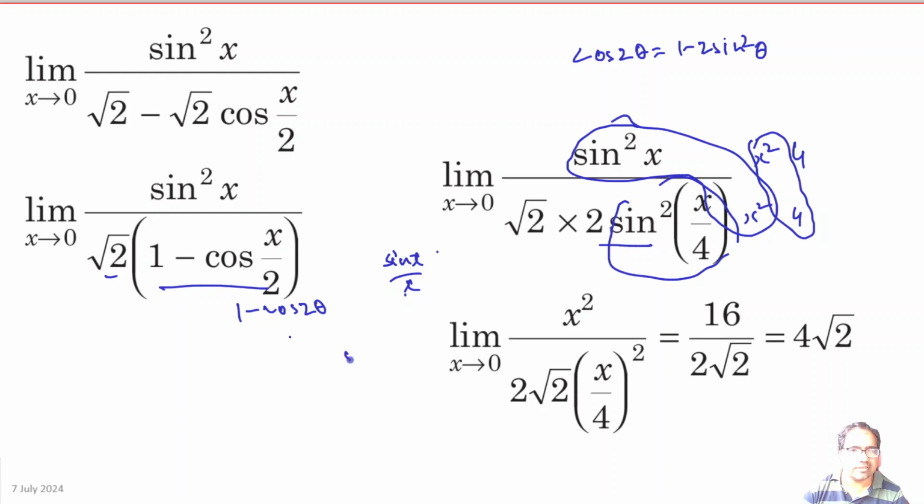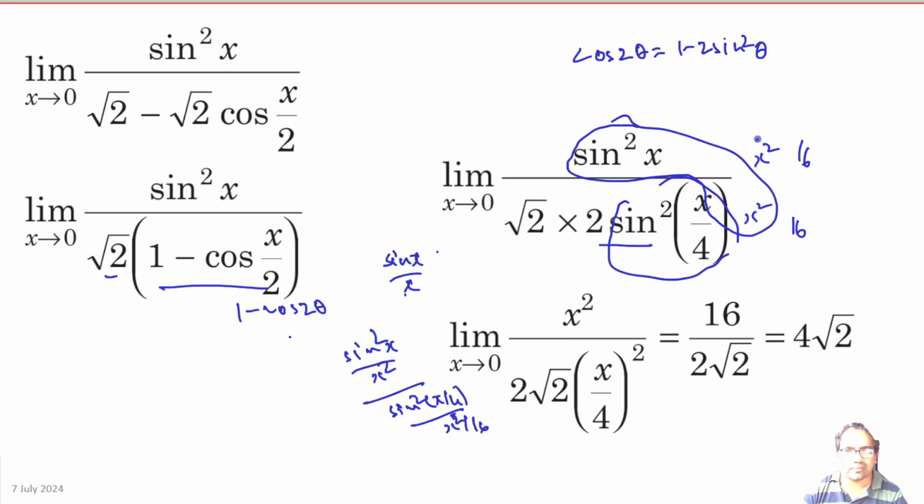Basically, we have to do it with 16, right, x square by 16.